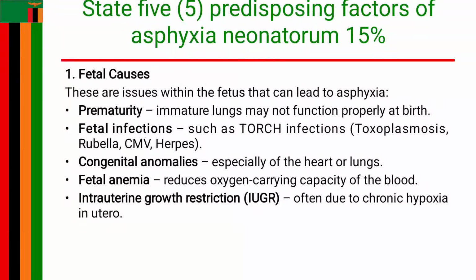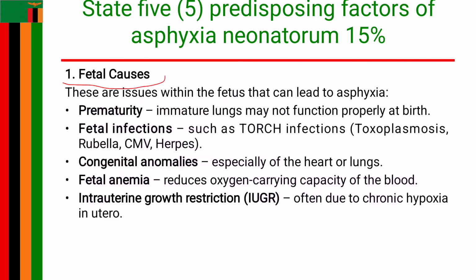Now, I have grouped them because sometimes you may see questions which say state 5 predisposing factors of asphyxia according to groups, meaning that you need to group them the way the presentation is. But for the way this scenario is, you can pick any 5 from the following groups that we are going to talk about.